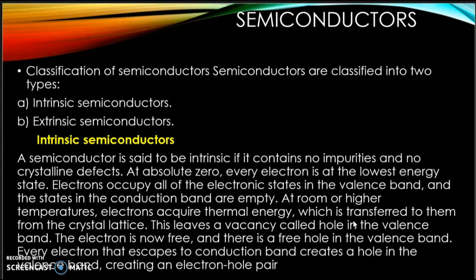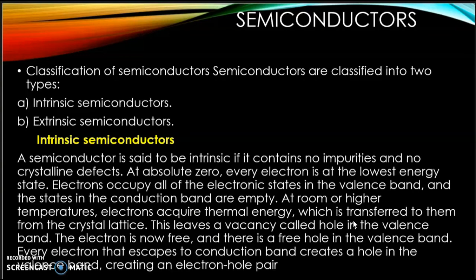Now the electron has gained enough energy, so it becomes a free electron. It has broken the bond it was forming with neighboring orbitals. We know there is a covalent bond between these neighboring electrons. So when an electron at the valence band gains this energy, it breaks this covalent bond and therefore becomes a free electron, also leaving behind a free hole at the valence band.